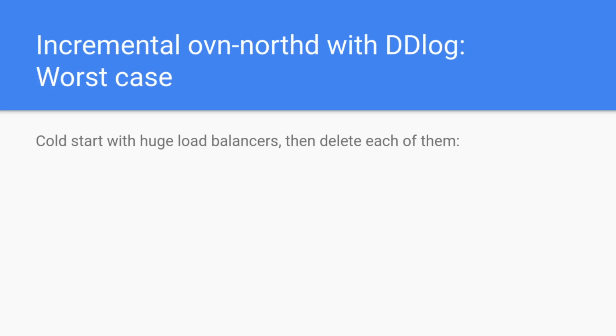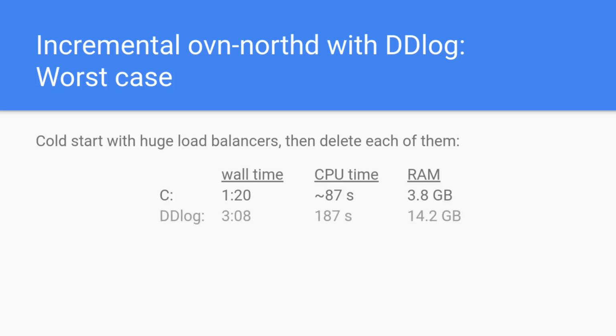From a cold start, if we have a number of huge load balancers and then we delete each of them, the C version takes, in at least one test set that I had, about 1 minute and 20 seconds and uses 4 gigs RAM. But the ddlog version uses 3 minutes of wall time and over 3 minutes of CPU time, for that matter, and uses a few times as much RAM.